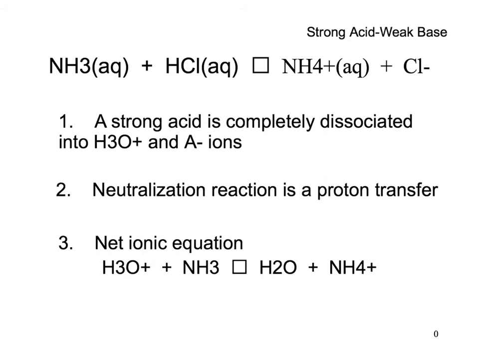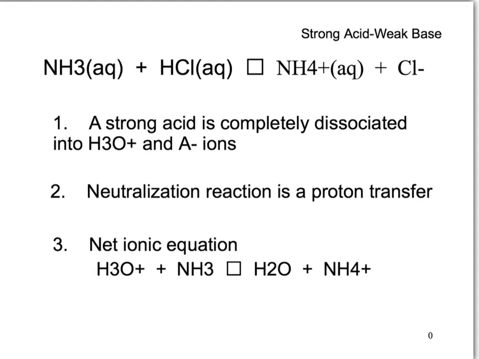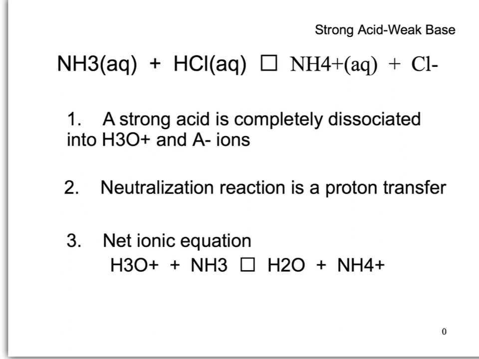And so let's consider, for a strong acid, weak base, what kind of a system are we looking at? Over here I have ammonia, which is my weak base. Strong acid is HCl, so you know that it's going to completely dissociate and give you H plus and Cl negative.